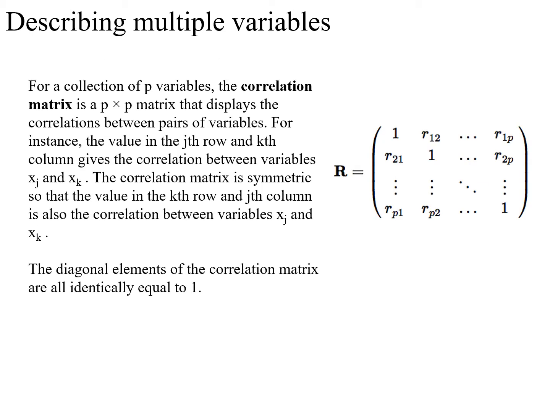And then similarly, with p variables, you can have a correlation matrix that's a p by p matrix that displays the correlations between the pairs of variables. In this case, what you will find along the diagonal will be values of 1. So the correlation of any variable with itself is 1.